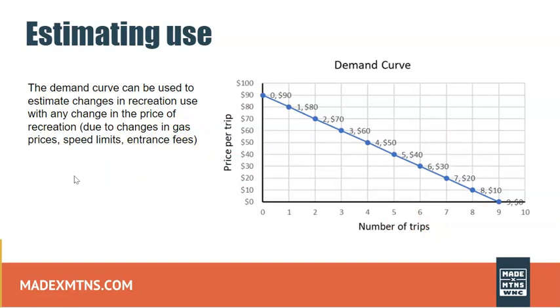Now, as a side note, economists flip the axes from the way you typically think about how something is graphed in math, where the dependent variable, or the behavior that you're trying to explain, is graphed on the vertical axis, and the independent variable, or the number that you know is out there, you don't have to predict, is graphed on the horizontal axis.